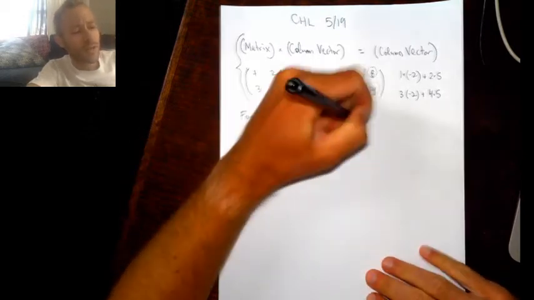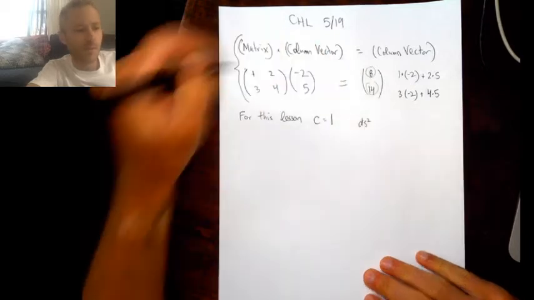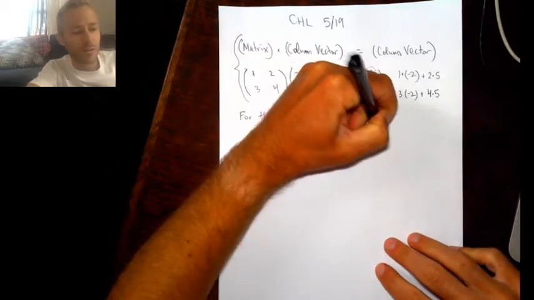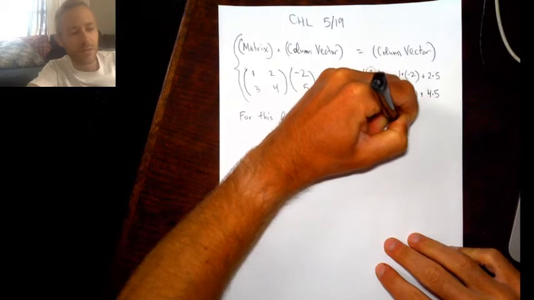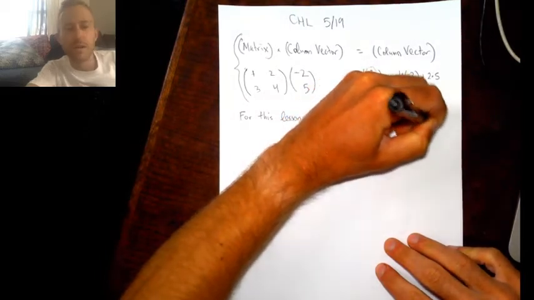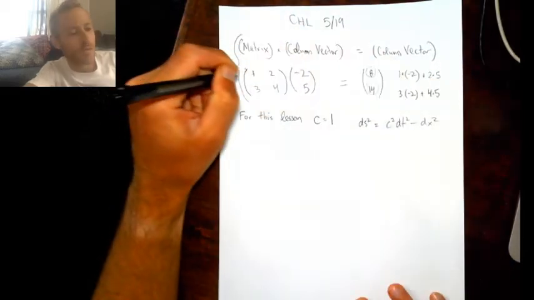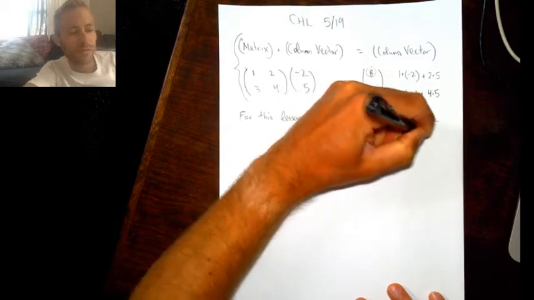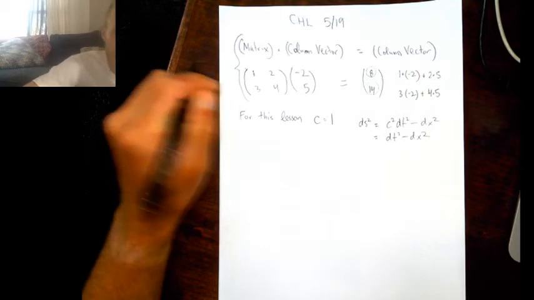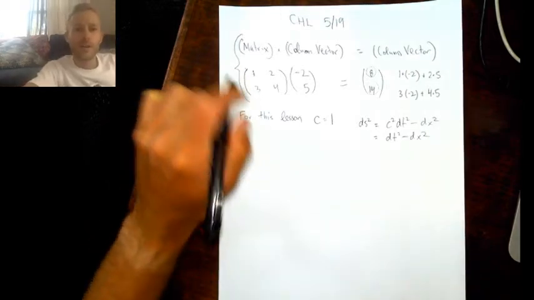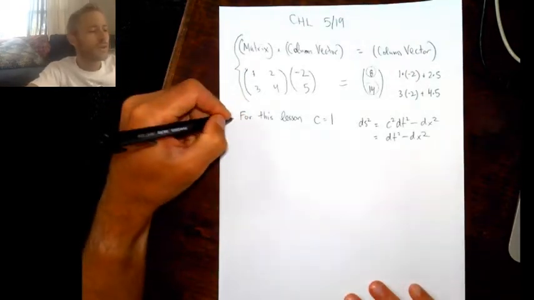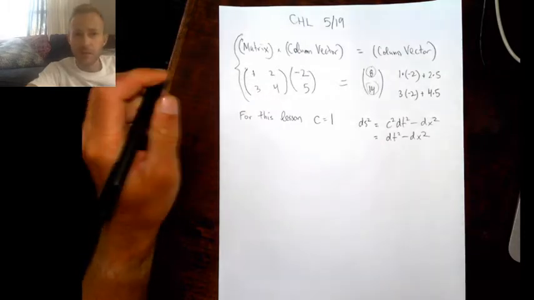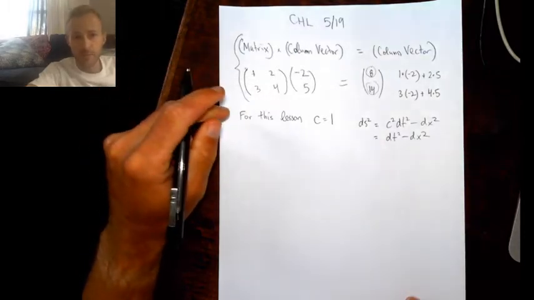In particular, that makes our space-time interval, which was equal to c squared dt squared minus dx squared, just dt squared minus dx squared. So it simplifies it. Then I'm going to define some quantities.